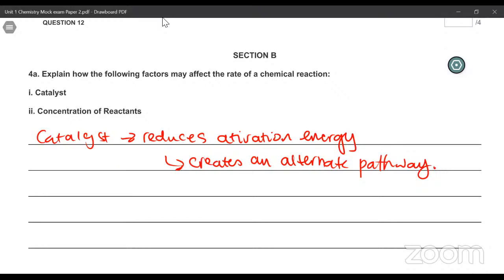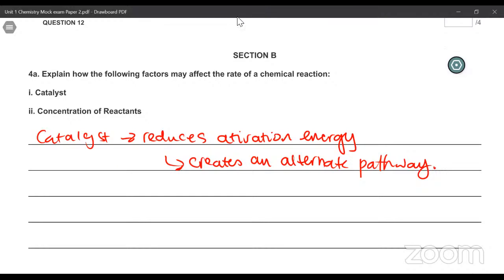Think about it: if the activation energy is lower, particles will not have to have the activation energy that was needed first. If you have something lower, that's totally fine as long as you meet the requirements. So you have more particles that are able to participate in the reaction because of the reduced activation energy.